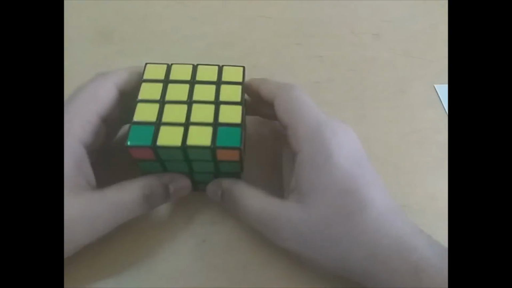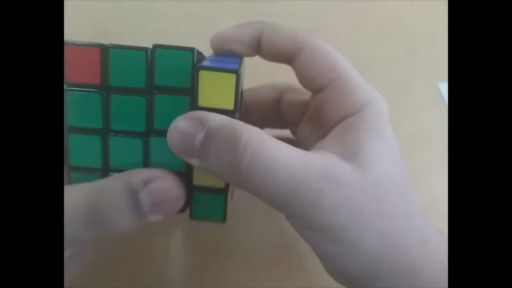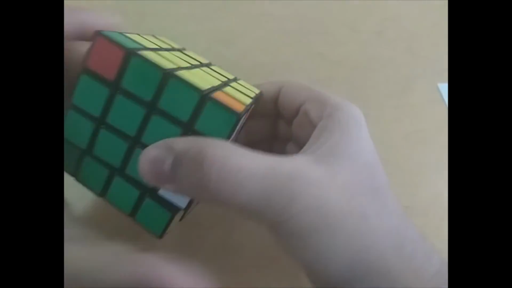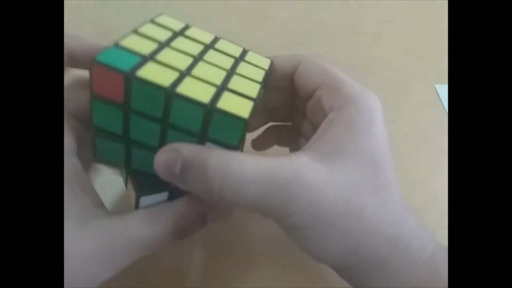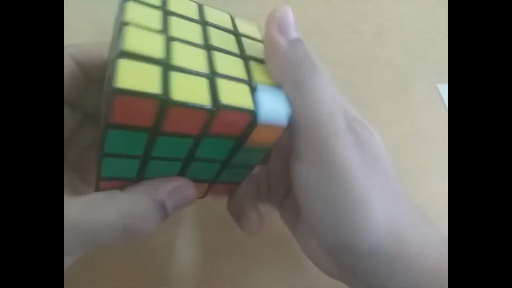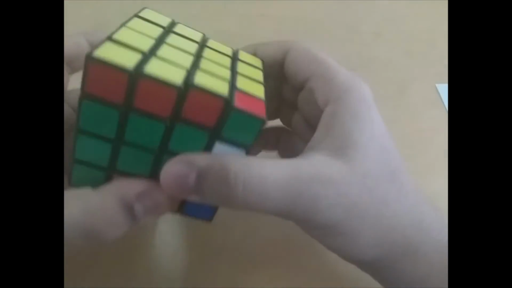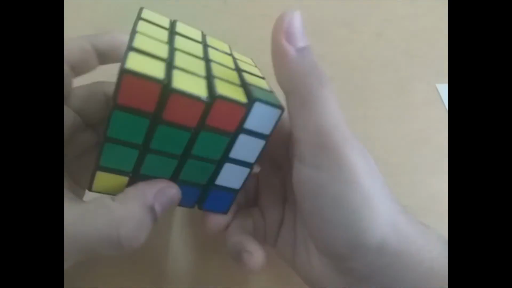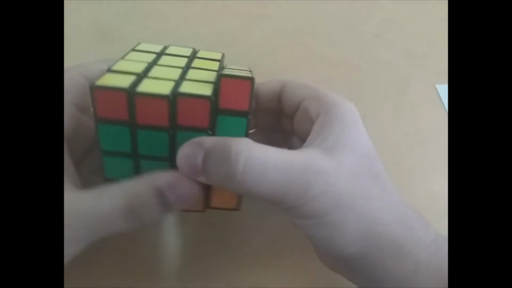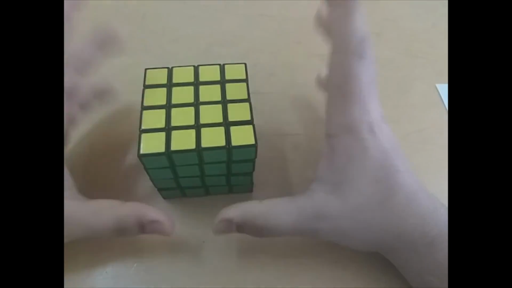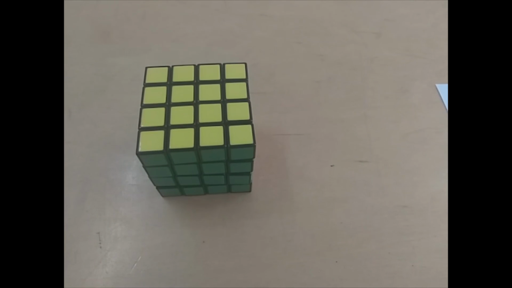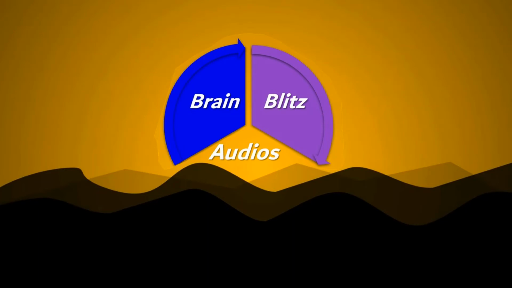So this is how you remove PLL parity in a 4x4 Rubik's Cube. And so from here onwards, it's just solving a 3x3. I recommend you watch our video on the 3x3. And so after a couple of steps, you have your first 4x4 Rubik's Cube completely solved.